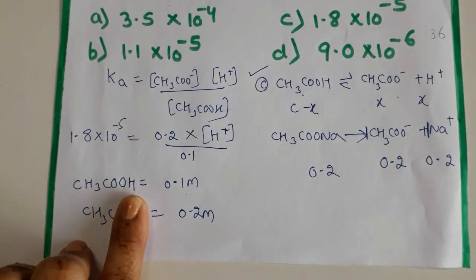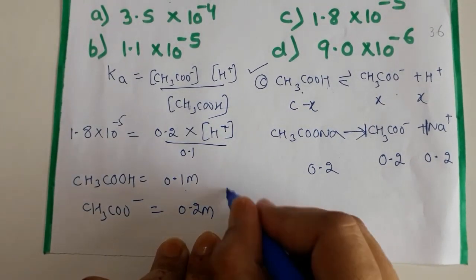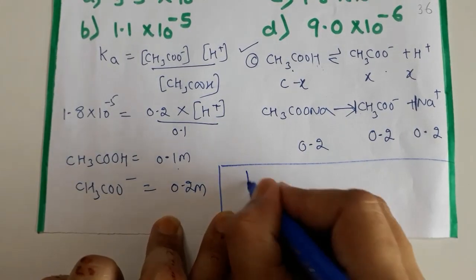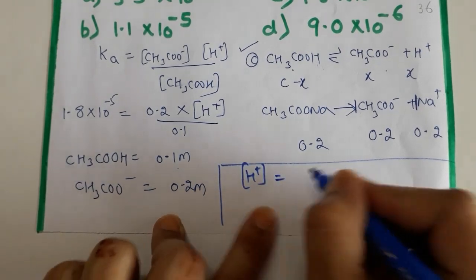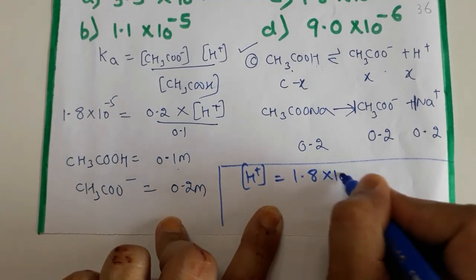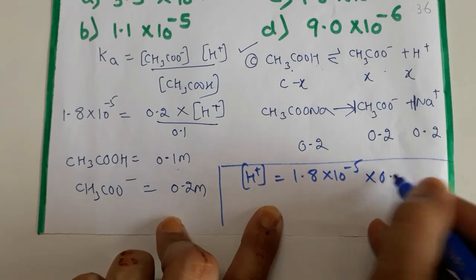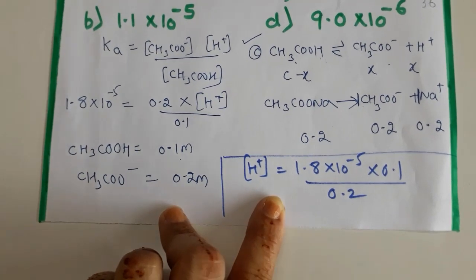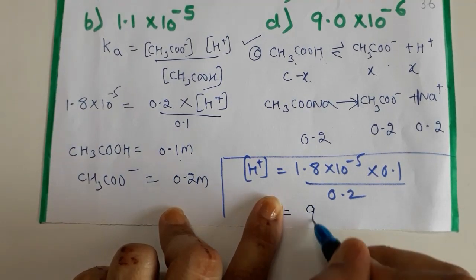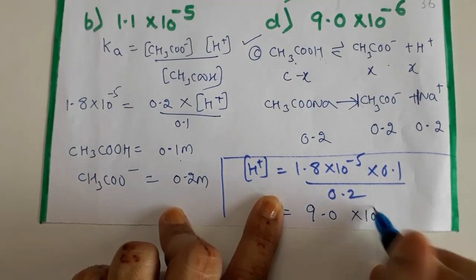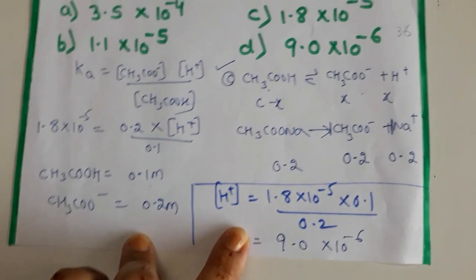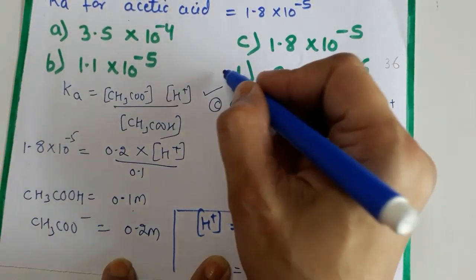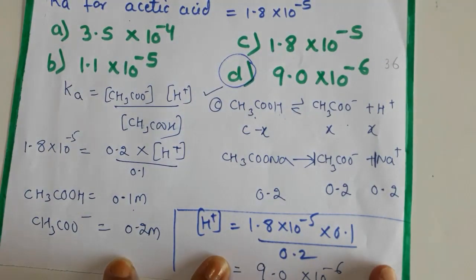So H plus is equal to 1.8 into 10 raised to minus 5 into 0.1 upon 0.2. When you solve this, you will get the answer as 9.0 into 10 raised to minus 6, and yes, this option is seen over here. So the answer is option D.